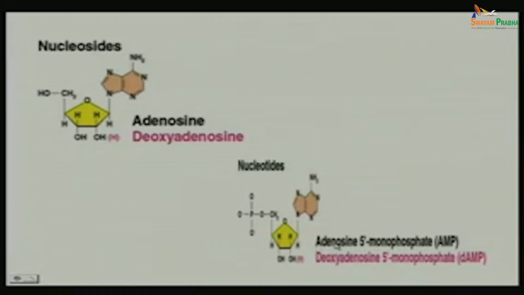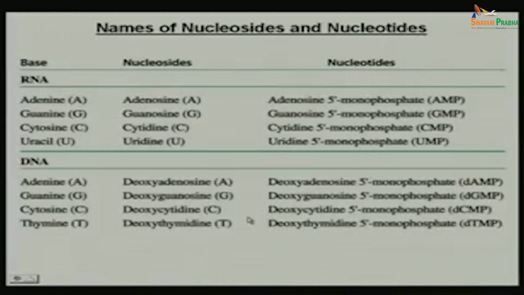So, it is called adenosine 5' monophosphate. That means to the 5 carbon atom this phosphate group is attached. Monophosphate, why? Only one phosphate group is attached.